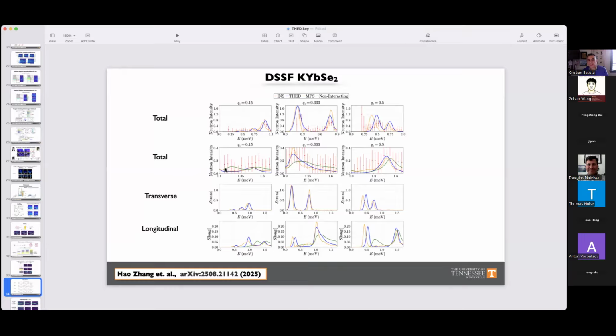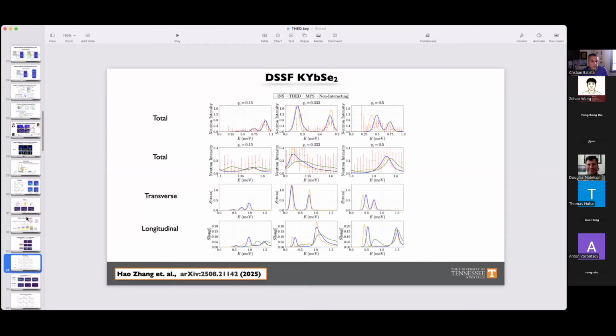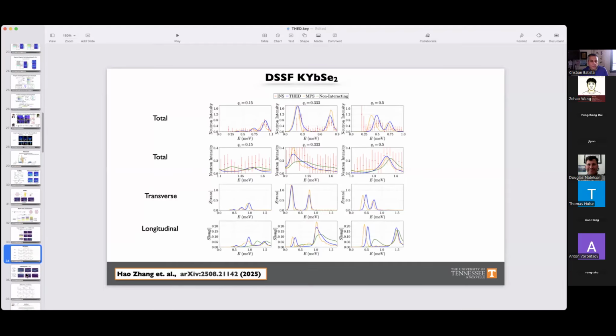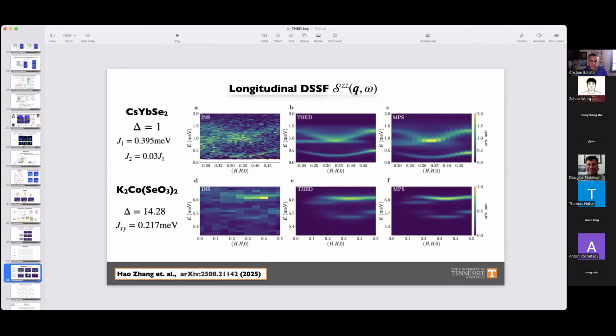And what is interesting is to see that the red curve, the green curve, which is the non-interacting two-magnon continuum, is actually very different from the interacting one, right? So you get a very different two-magnon continuum with or without interactions.